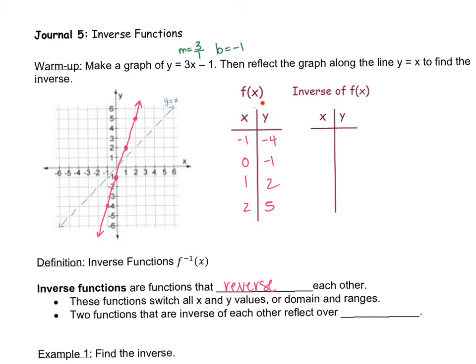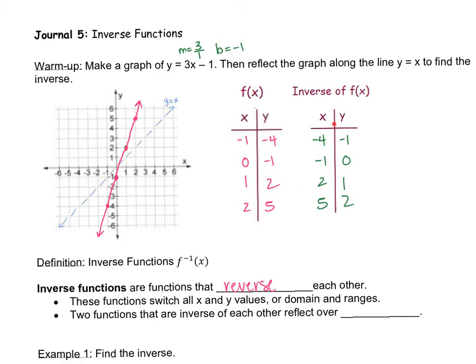So in this case, this f of x versus the inverse, they're going to switch x and y values. So in this case, the y values will go for the x. So -4, -1, 2, and 5 will sit here, whereas the y values for the inverse are actually the x values from the original function. So -1, 0, 1, and 2. So notice I have the x values from the original y values here for the inverse, and now the y values are the original x values.